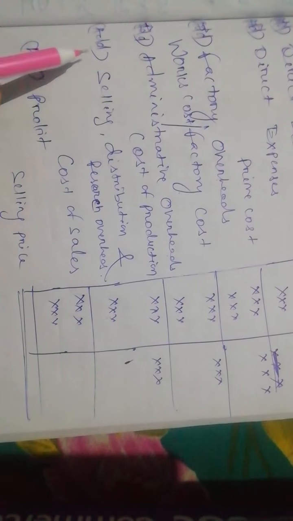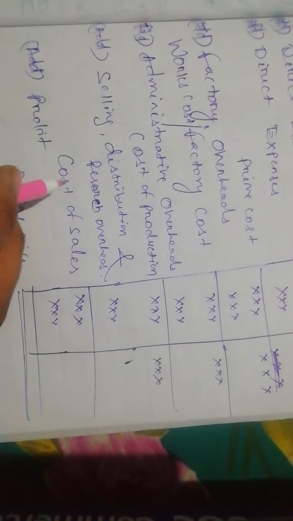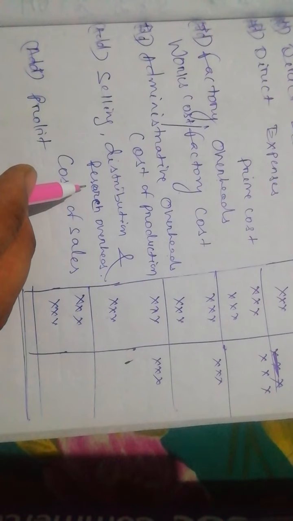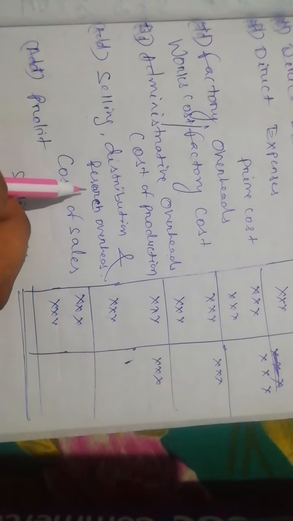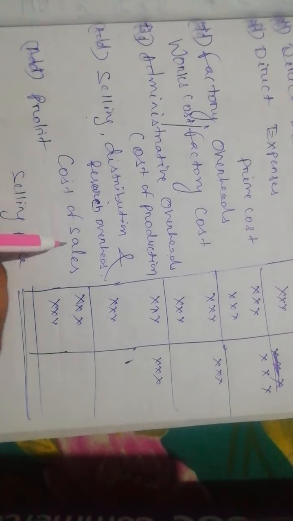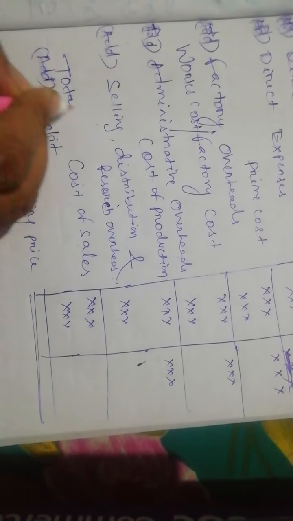And another point is add selling, distribution, research overheads, such as salesman salary, delivery van charges, warehouse charges, research expenses. Any type of selling, distribution, research overheads are to be added to cost of production to get cost of sales or total cost.